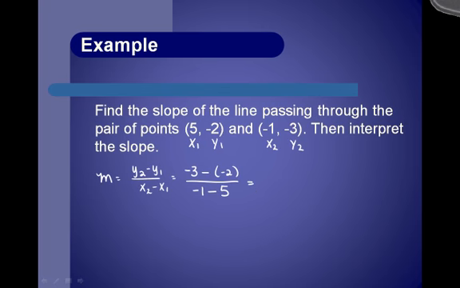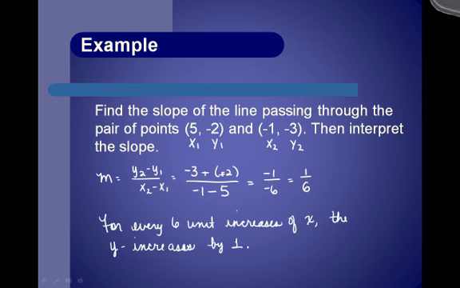So in the numerator, minus a negative 2 becomes plus a positive 2, and we get negative 1 divided by negative 6, which would give us 1 over 6. Interpret the slope means every time the line rises 1, it runs 6. For every 6 unit increases of x, the y increases by 1.